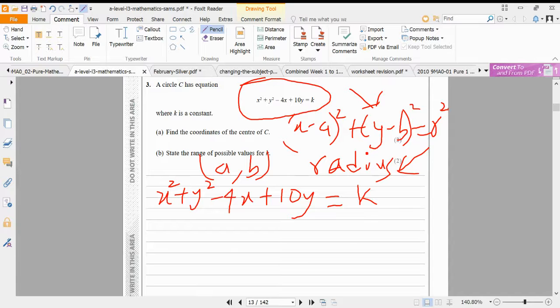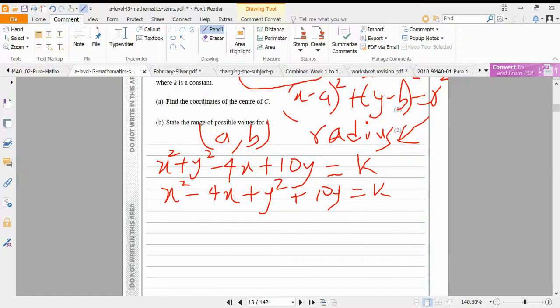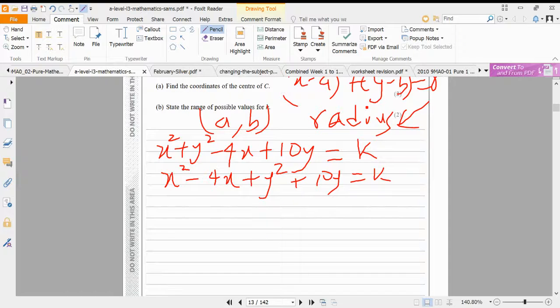And then x squared plus y squared, you may just want to rearrange. You have x squared minus 4x so that it will be clearer when you are solving the question, plus y squared plus 10y equals k. So at this point, assume you are completing the squares. You are going to add to both sides the square of the half of the coefficient of x and y.